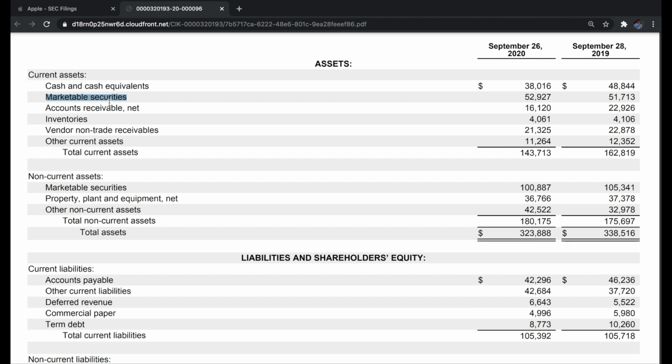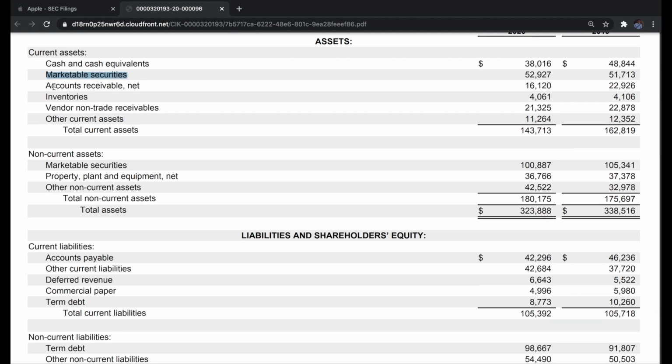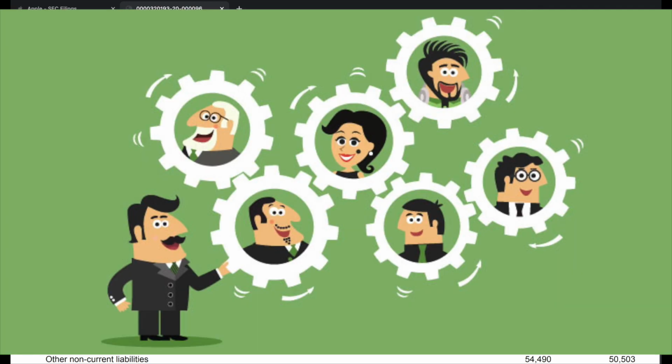Getting to accounts receivable, net. First of all, accounts receivable itself is the customers who have not paid us yet for all the products or services which we have sold to them. So basically they owe money to us.